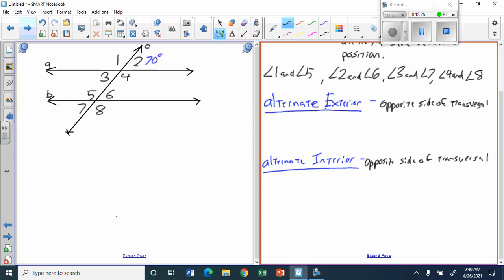Exterior is going to be outside the parallel lines. Interior is going to be inside parallel lines.